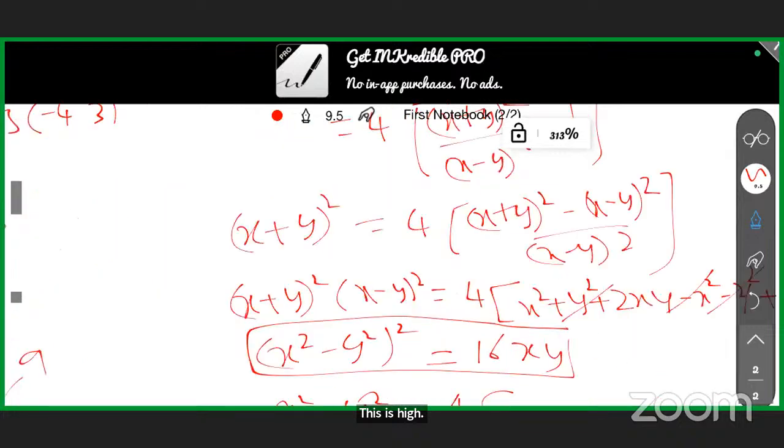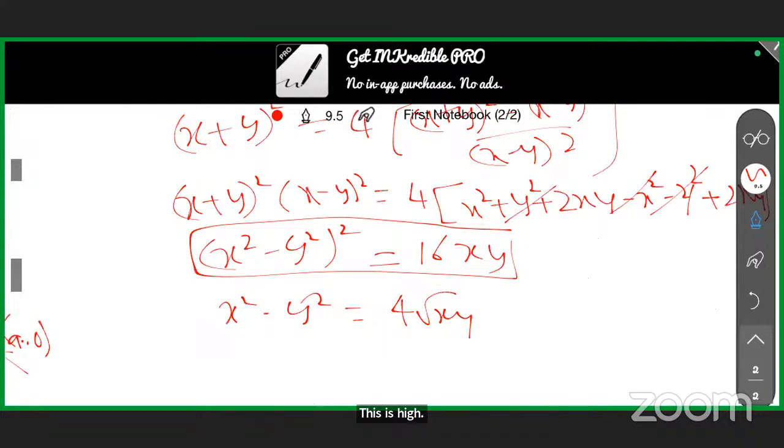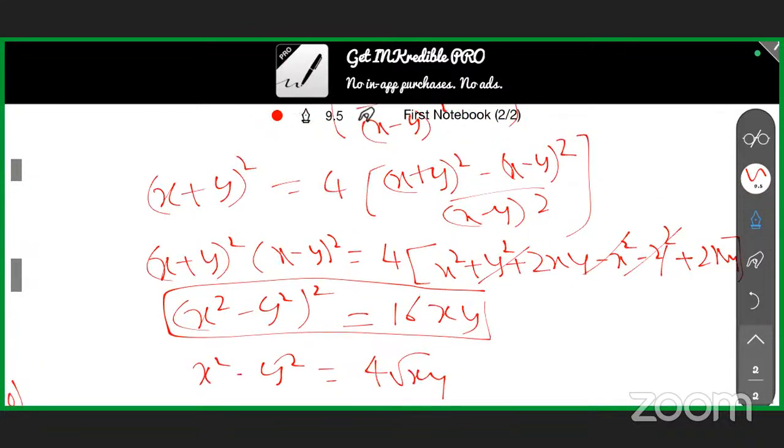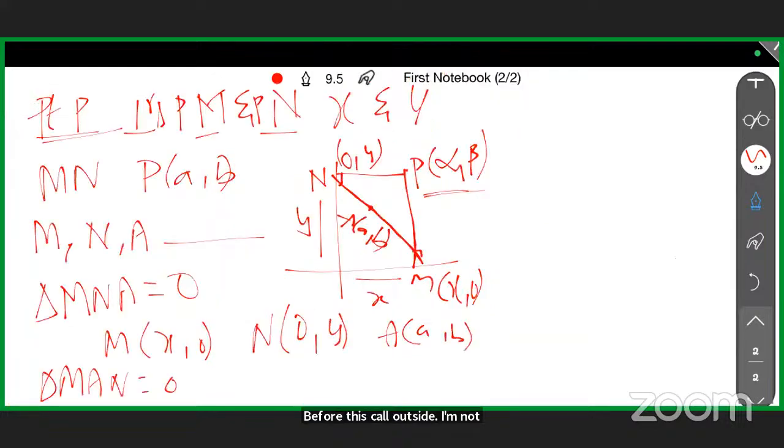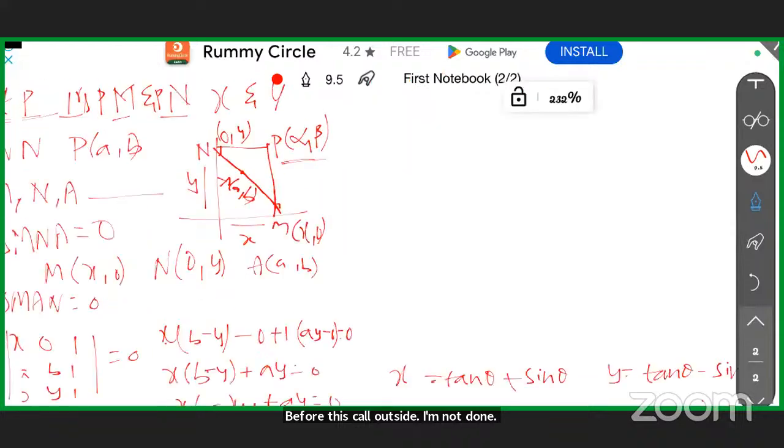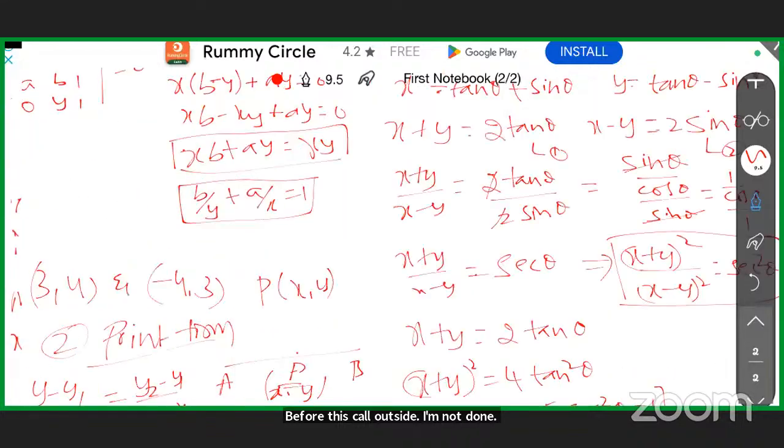Which step are you telling? 4 into (x plus y) whole square minus (x minus y) whole square. 4 is outside. I'm not doing anything with 4. 4 is outside only. I'm simplifying only inside.